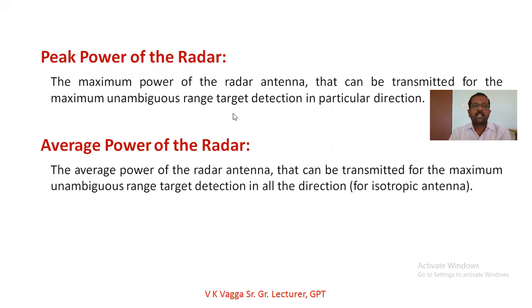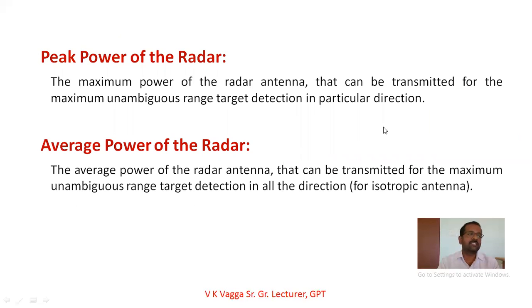Now the peak power and the average power of the radar. The peak power is considered only in a single direction, and the average power is considered in all directions, isotropically.